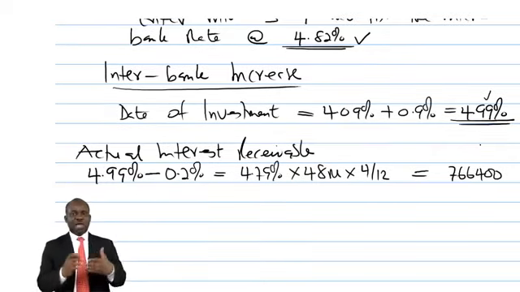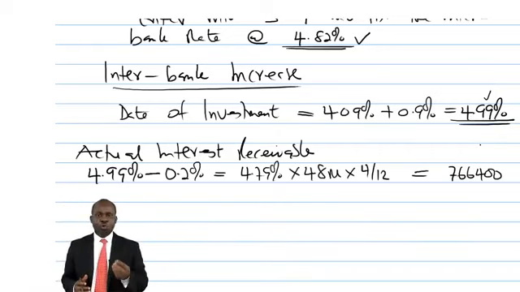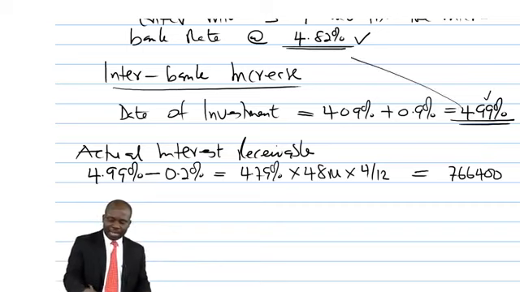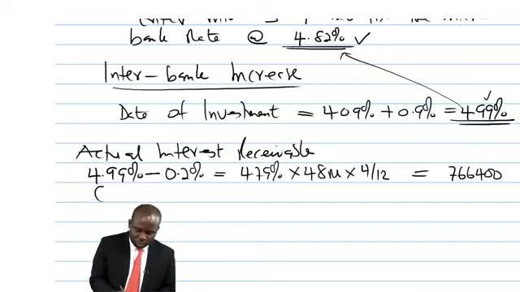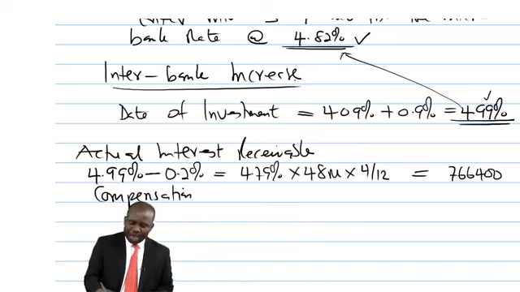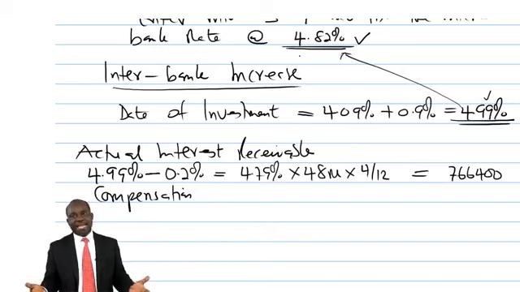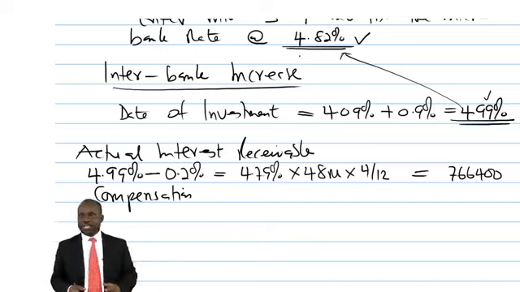So once we have received more than necessary, what should we do? We would have to compensate the bank to bring ourselves to that level. So we say compensation to bank, because what we have to receive is 4.82. So if you receive 4.99, you have received more than necessary. Pay the difference to the bank and bring yourself to it.